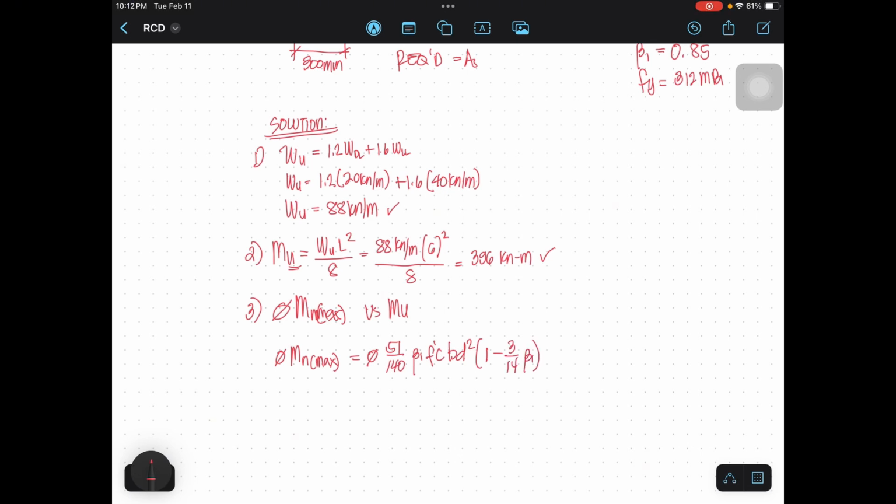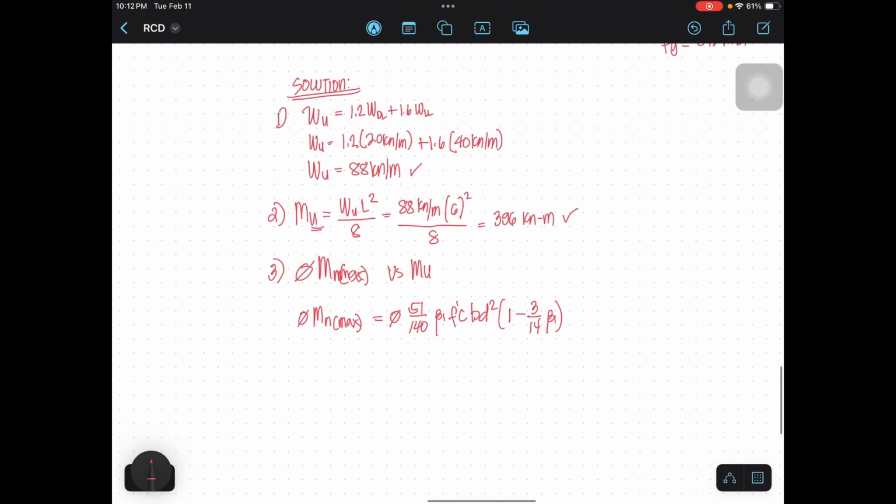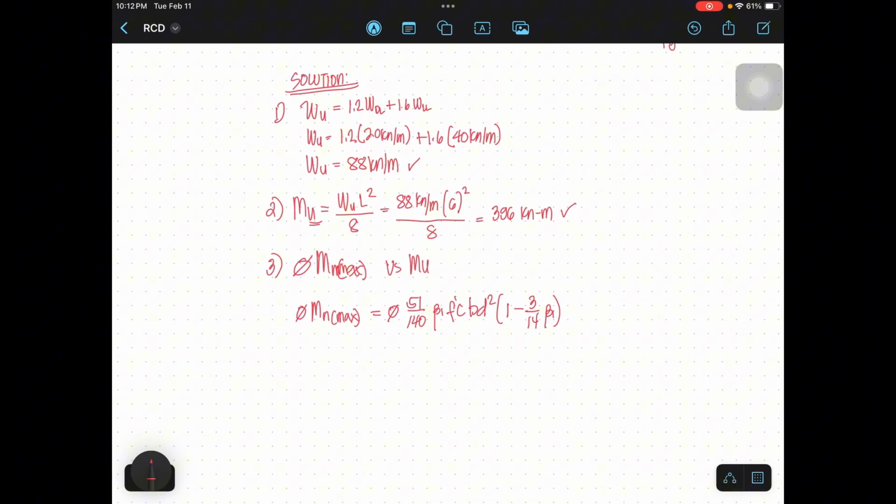Kumbaga, i-check muna yung maximum, yung pinaka-max. I-compare natin siya sa computed ultimate moment natin. Okay, so given na si beta 1 f prime c and the section itself, given na din siya. So yung wala na lang natin dito is yung reduction factor.